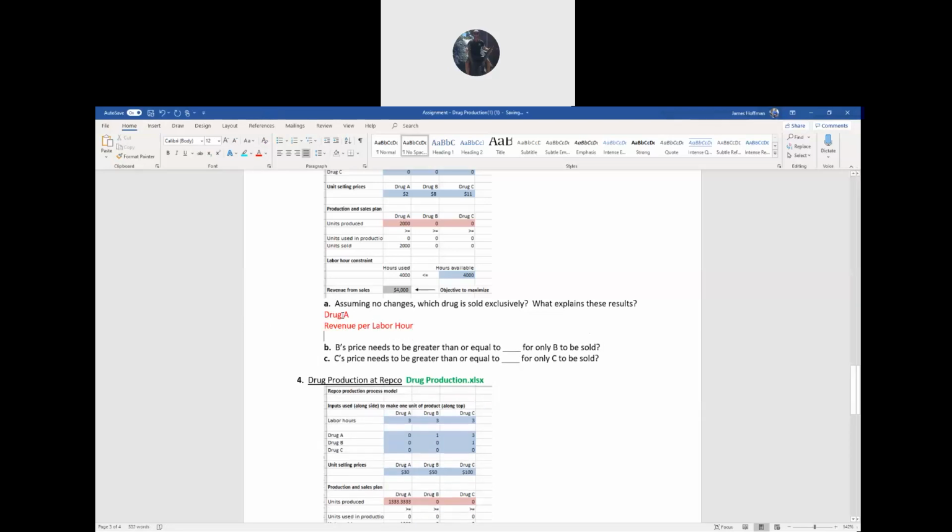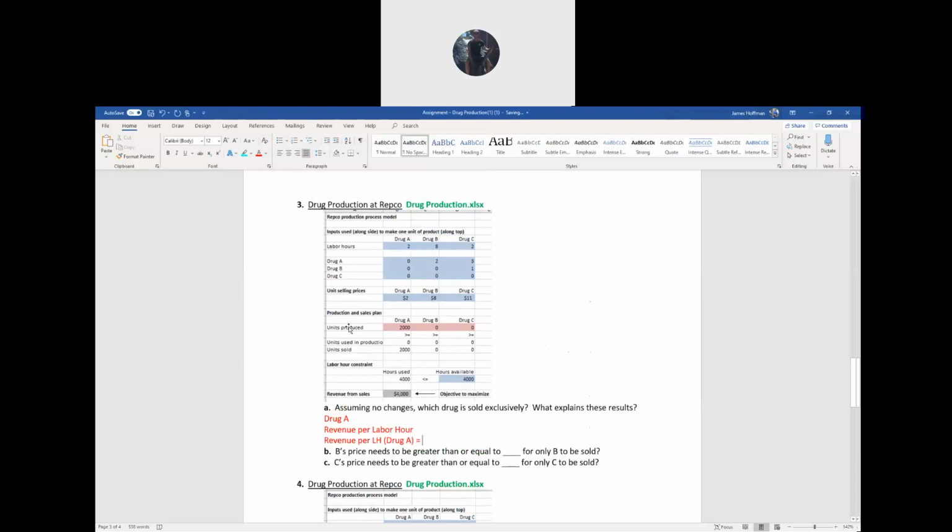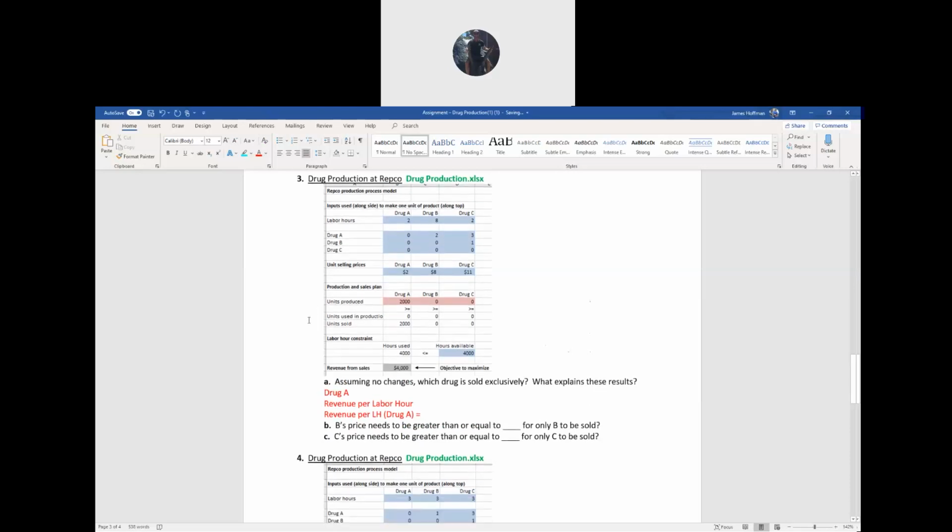Okay, so drug A, because it must have the highest revenue per labor hour. And what is that revenue per labor hour? Let's figure that out. Drug A's price is $2, and it takes 2 hours to make a drug A. So 2 divided by 2.